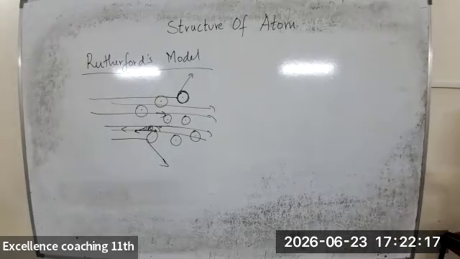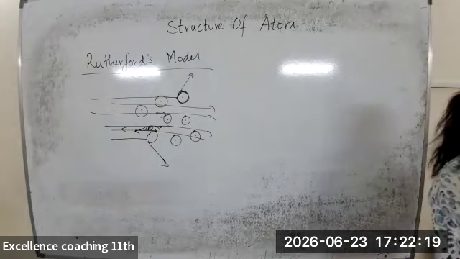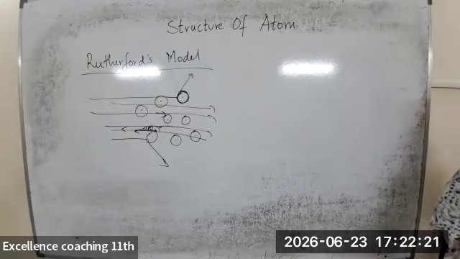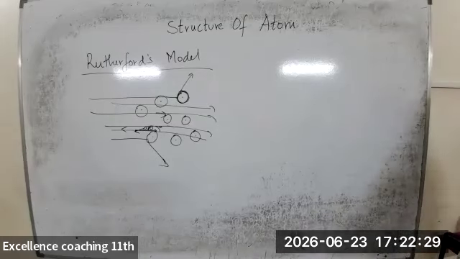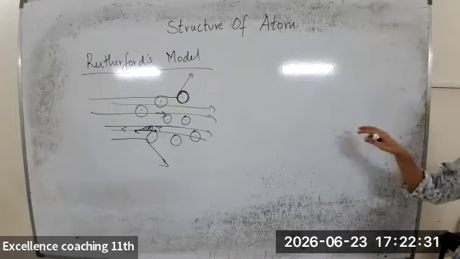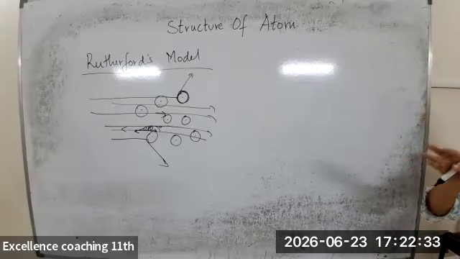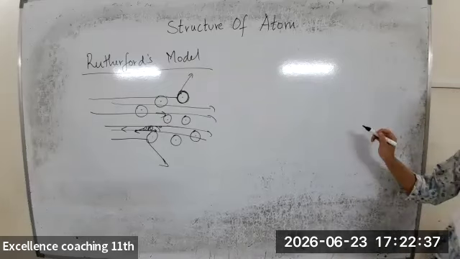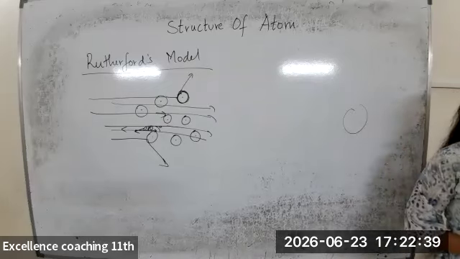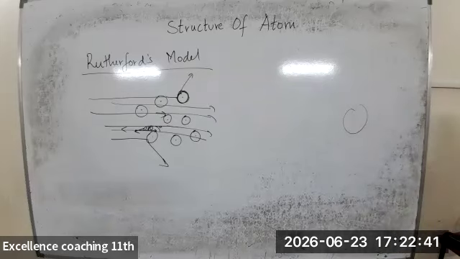Okay, so there was another scientist called Maxwell. His theory you will probably study in your next class. He studied further on the structure of the atom. According to Maxwell, the electrons are present outside the nucleus.